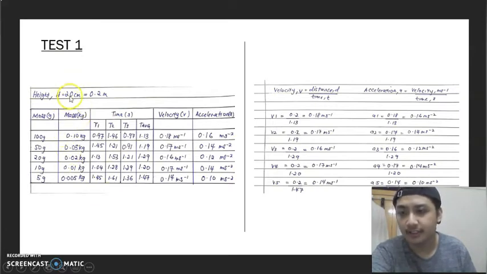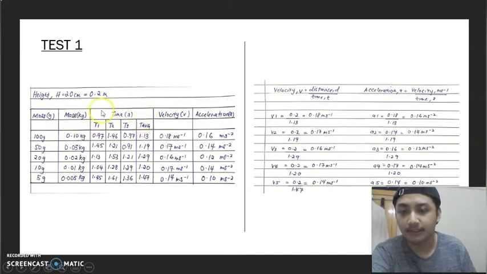The height is 20 centimeters, but we want to convert it to meters because we're going to do the calculation. And this is the mass of M1, different each time: 100 gram, 50 gram, 20 gram, 10 gram and 5 gram. This is what we got after we converted it to kilograms.